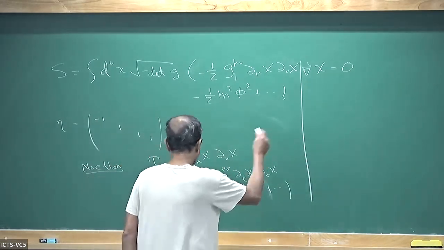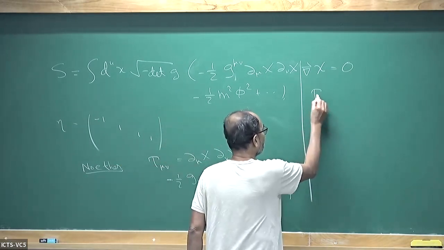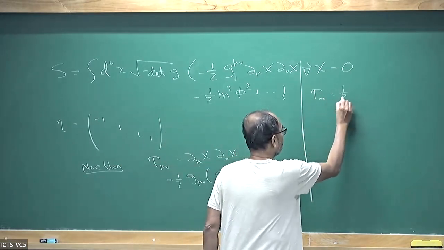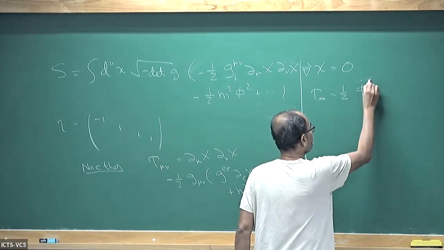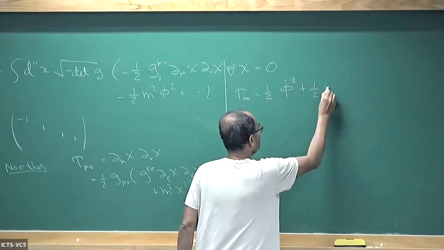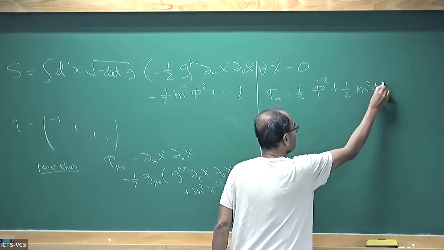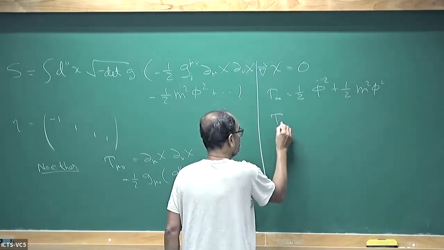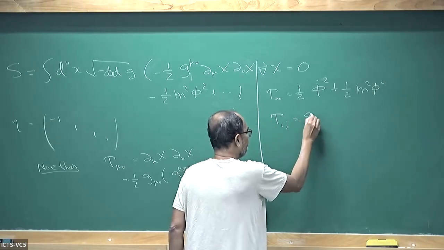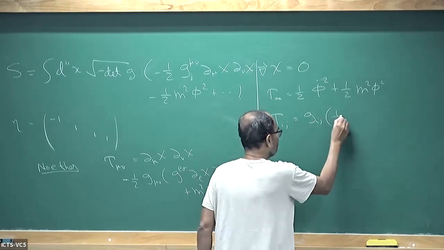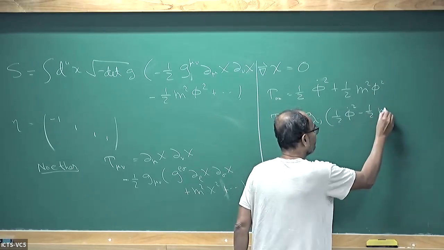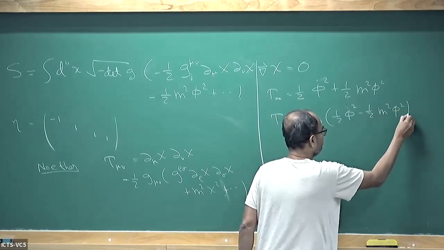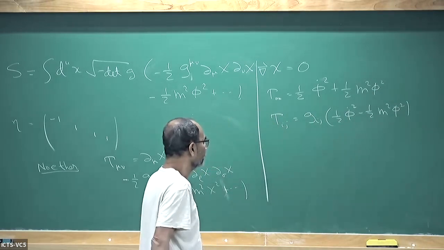If you use that, then you find that T00 is half chi dot square plus half m square chi square, and Tij is g_ij times half chi dot square minus half m square chi square.